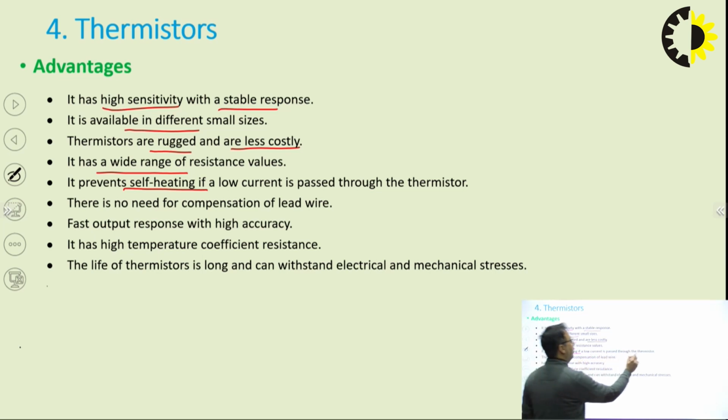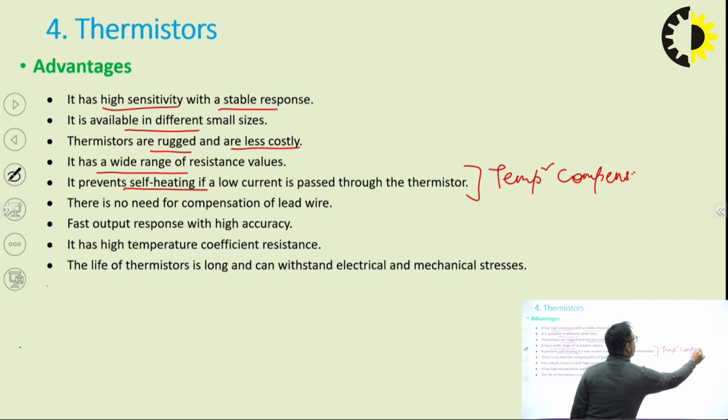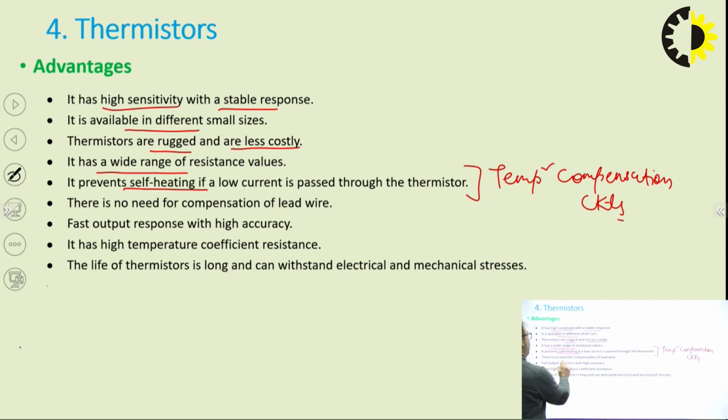For this we actually need to apply some temperature compensation circuit. There is no need for compensation of lead wire, fast output response, high temperature coefficient of resistance. The life of a thermistor is long and it can withstand electrical and mechanical stresses.